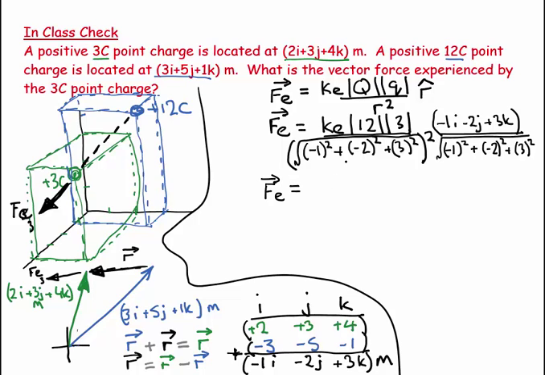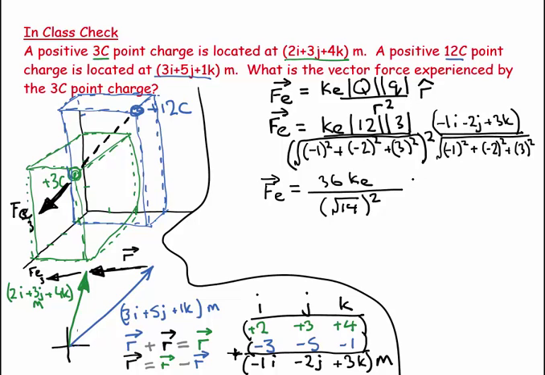So this equals 12 threes are 36 ke over, and let's have a look. That's going to be 1 plus 4 is 5 plus 9, so that's going to be 14. It's going to be the square root of 14 squared because it's r squared.